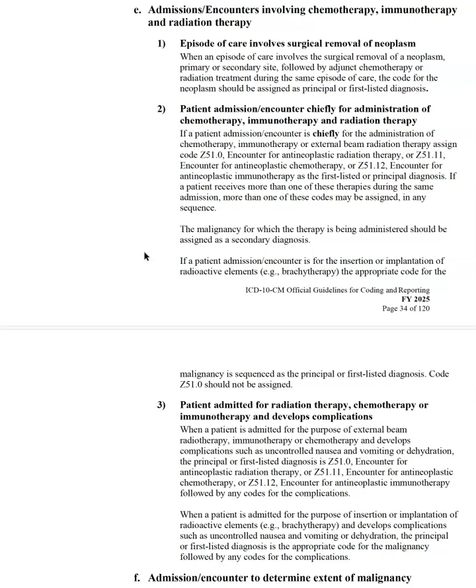Then there is a guideline that speaks to when the admission or encounter is specifically for chemo, immuno, or radiation. Notice it says here in the guidelines, if the admission or encounter is chiefly for the administration of chemo, immuno, or external beam radiation therapy, you're going to assign one of those Z51 codes.